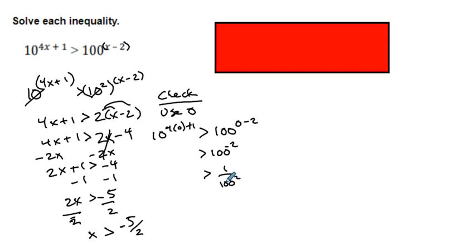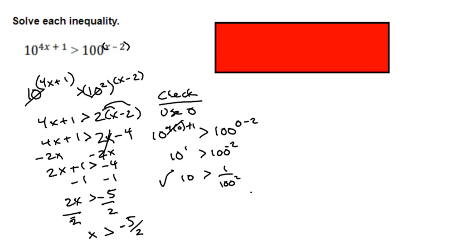So it's a small number, right? And then 4 times 0 is 0, and so you have 10 to the 1, and 10 to the 1 is 10. Is 10 greater than 1/10,000th? Oh yeah, right? So it checks out. We're happy, and we're going to move on from there.